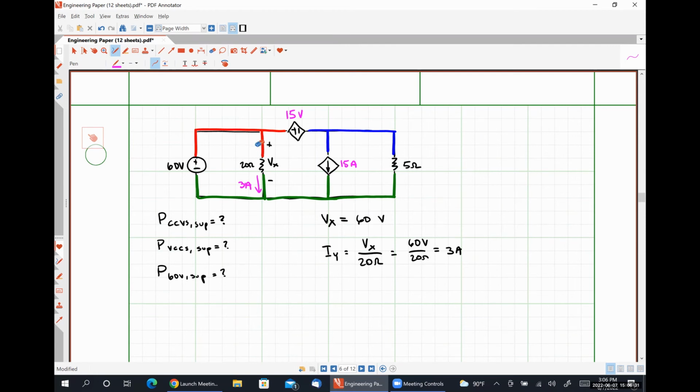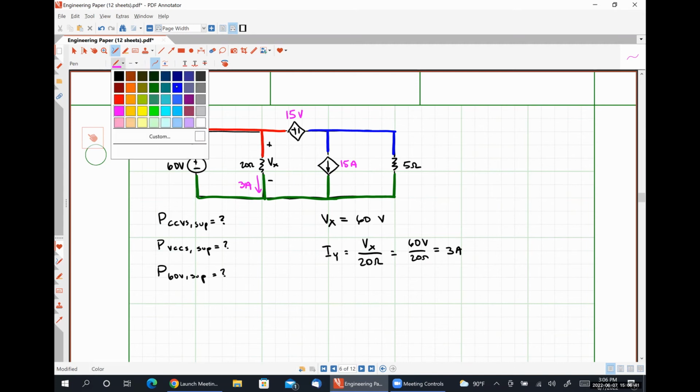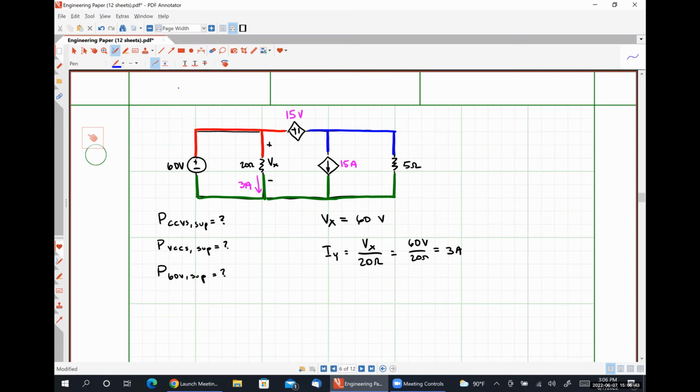Since we are asked to find the power supplied by our current controlled voltage source, what we need to determine is the current flowing into the negative polarity terminal. So I'm going to call this ICCVS because we already know the voltage drop across it.